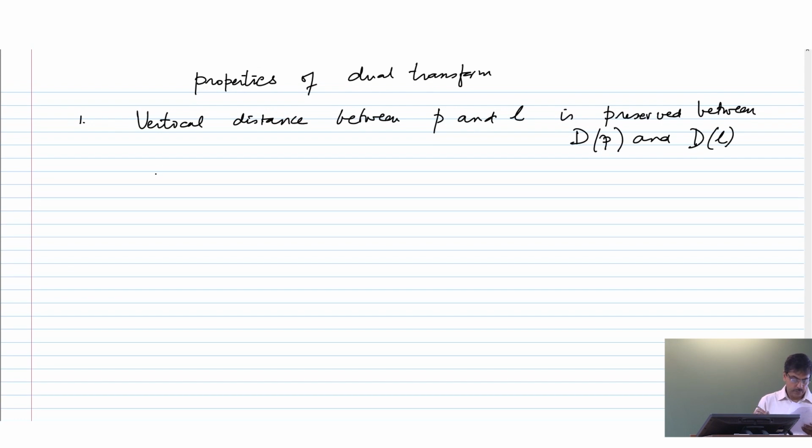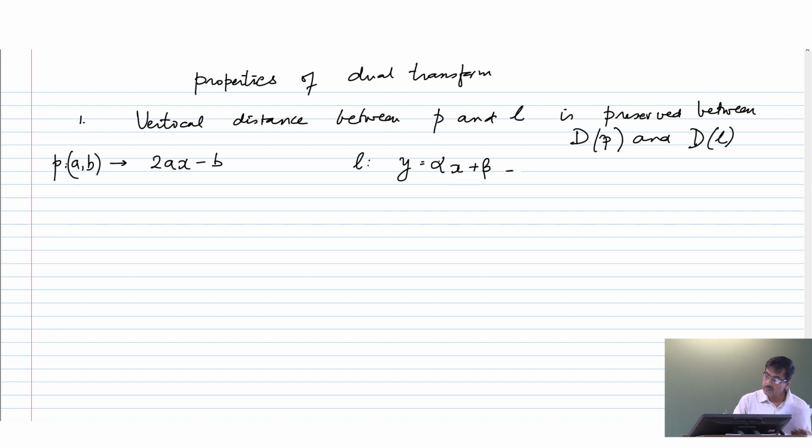So, again recall that P, the point (a, b), is mapped to y equal to 2ax minus b, and L, y equal to alpha x plus beta, is mapped to the point (alpha by 2, minus beta).